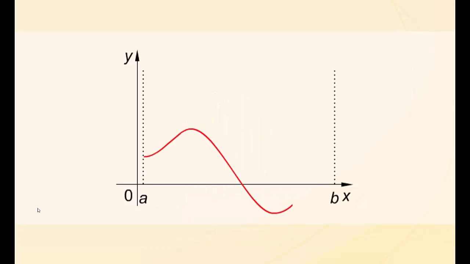Note that when f is negative in some subinterval of the interval from a to b, some rectangles fall under the x-axis, and the product f of x times the length of the subinterval is negative. Therefore, it differs in sign from the area of the corresponding rectangle.